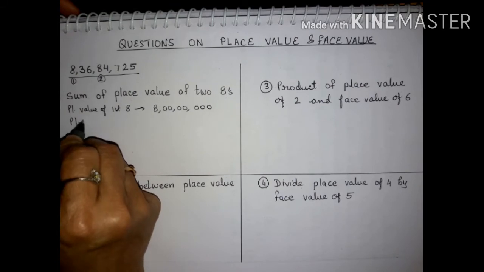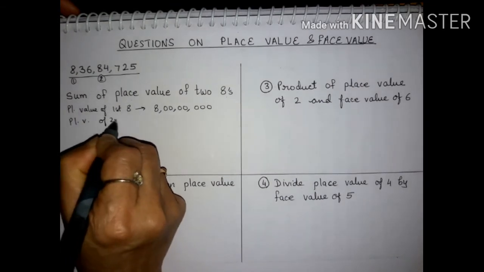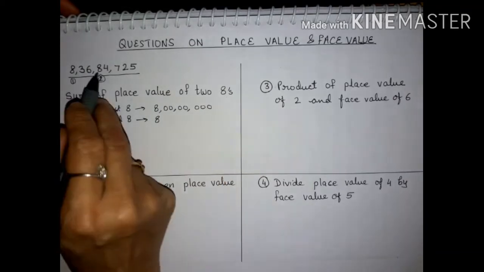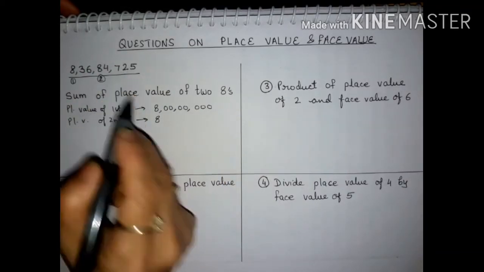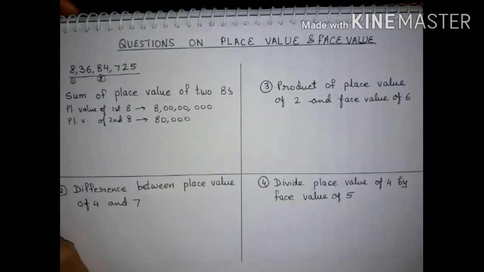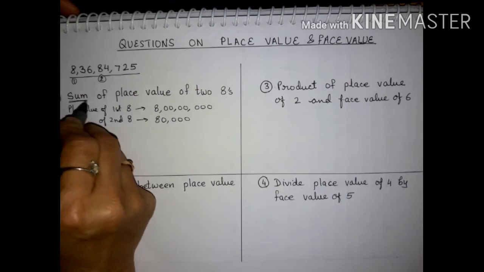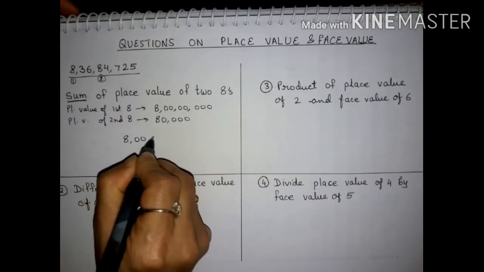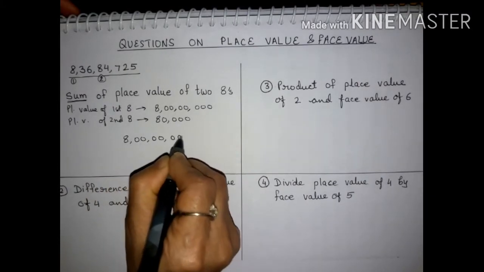Then place value of the second 8. That is 8 and 1, 2, 3, 4 zeros. Right? So now the sum has to be found. What we do is simply arrange them, 0, 0, 0.